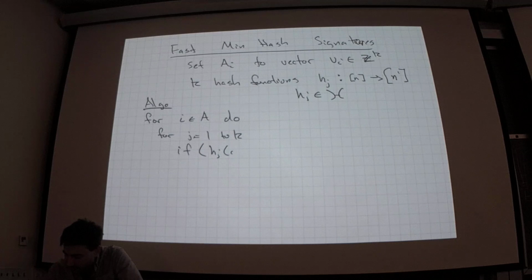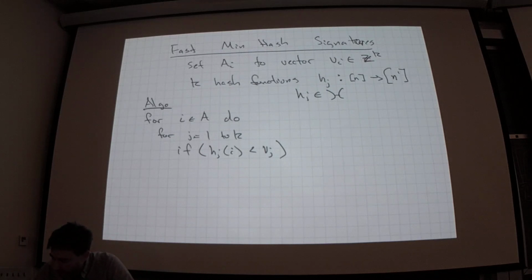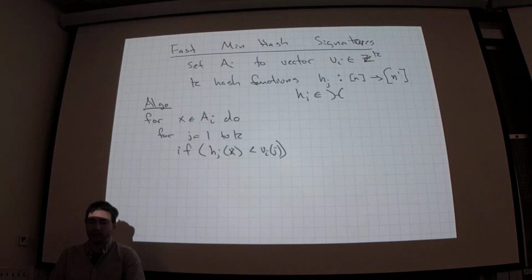I'm going to say: if the jth hash function on x is less than the jth element of my vector representation v_i, I should have overloaded i here. Let's call each element x, in A_i. So I'll say v_i, the jth element of this vector.